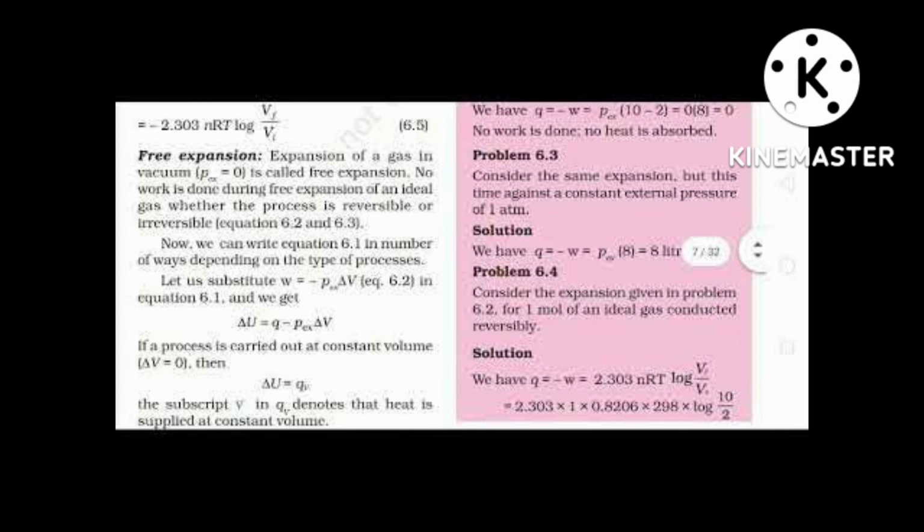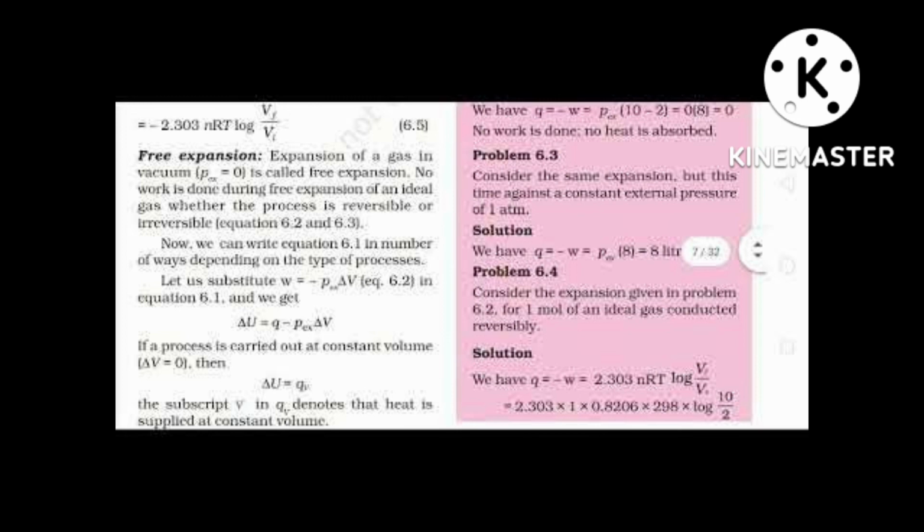Then in the formula Q is equal to minus W, and here you write minus W. There the expression already had a minus, so it becomes plus because expansion is going on. Then 2.303 nRT log of 10 divided by 2.